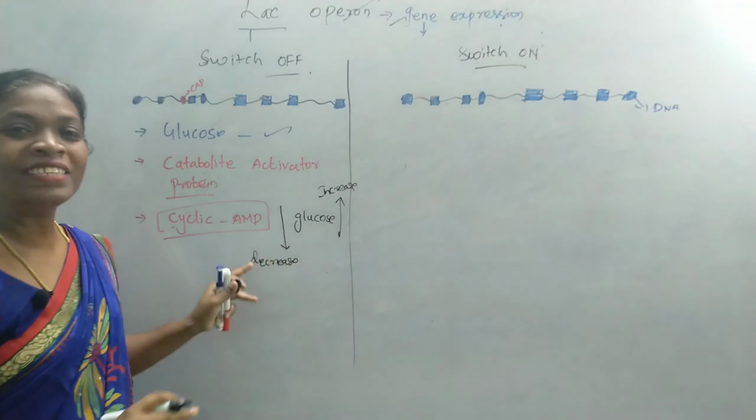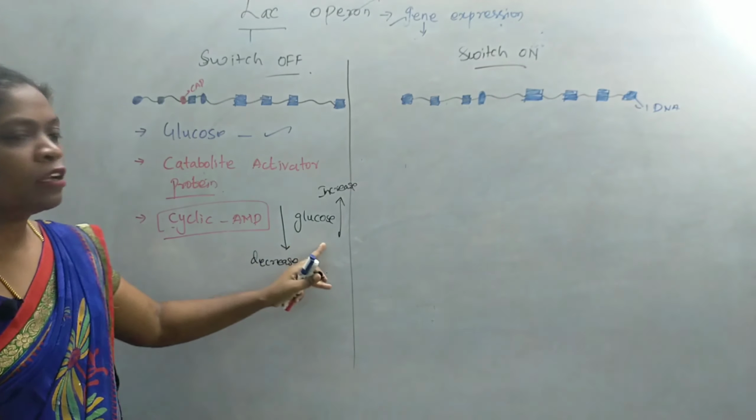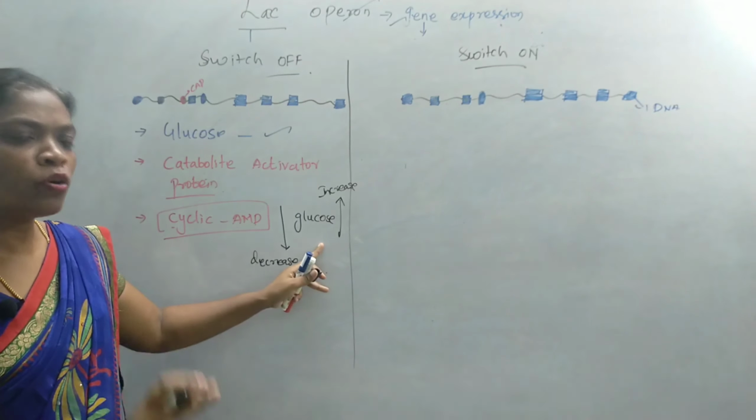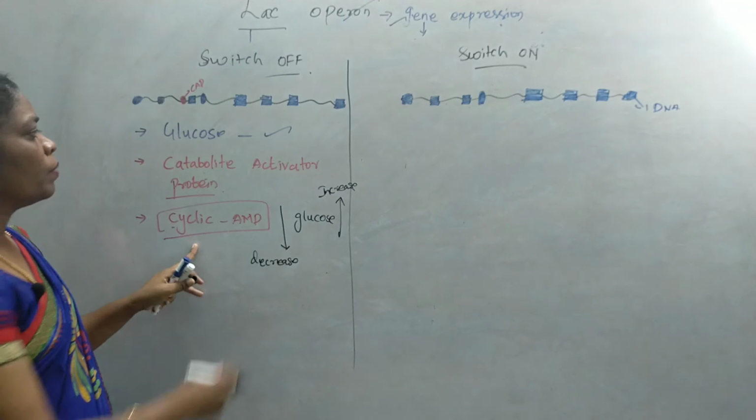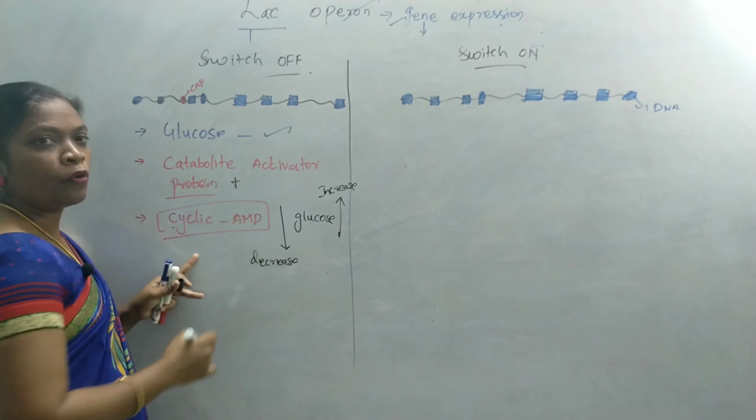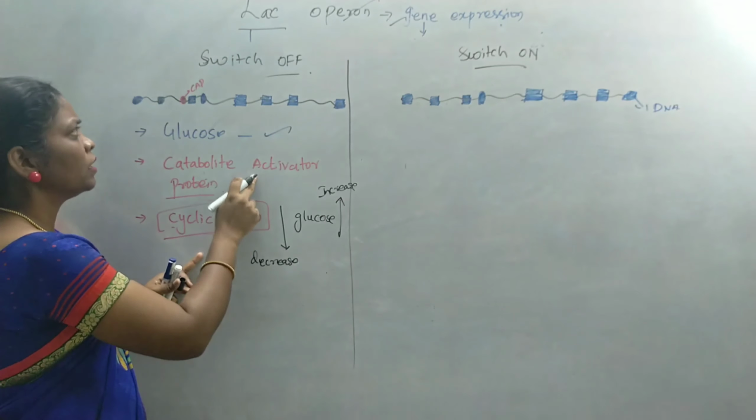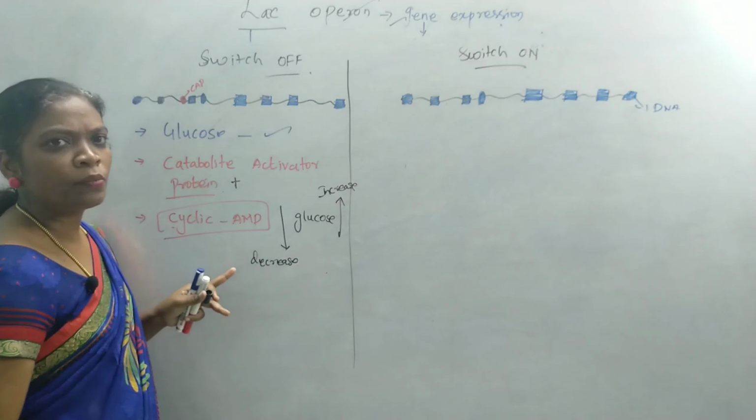So it signals that the organism has glucose in the environment, so there is no need to go for lactose metabolism. Cyclic AMP binds with the catabolite activator protein and it starts the further transcription process.